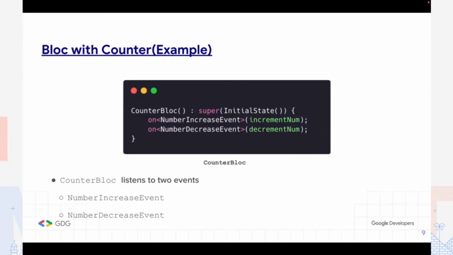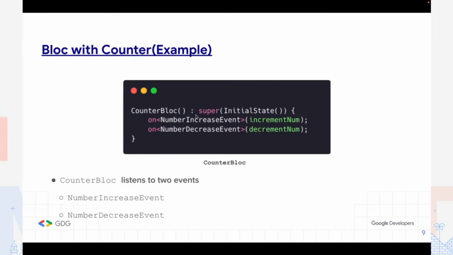We will be looking at them. We will also switch to the code and see how it all works. But I just want to give you a glimpse of what is happening in the code. Increment num and decrement num are functions which we will be defining in the counter block class.